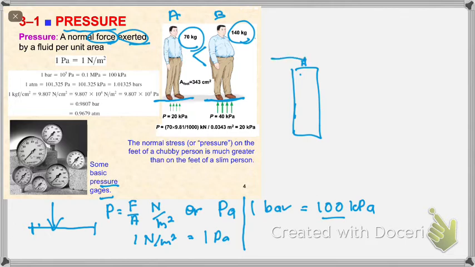Fire extinguisher tanks look something like that. You have a very small gauge located at the top of the tank. That gauge shows the value of the pressure inside the tank.